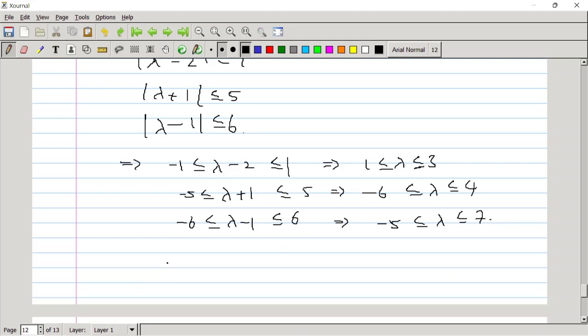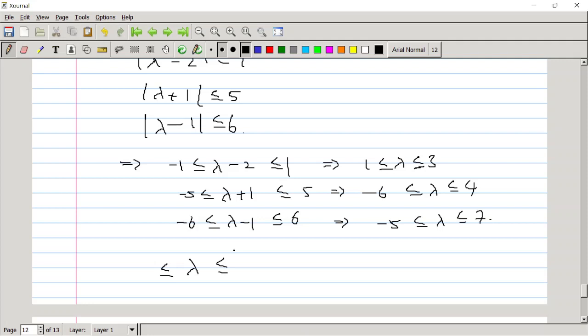So from this we can say, what is the answer? Upper bound or lower bound. Is lambda equal to 2? We cannot say correctly. It can be 1 also, it can be 2 also, 3 also.